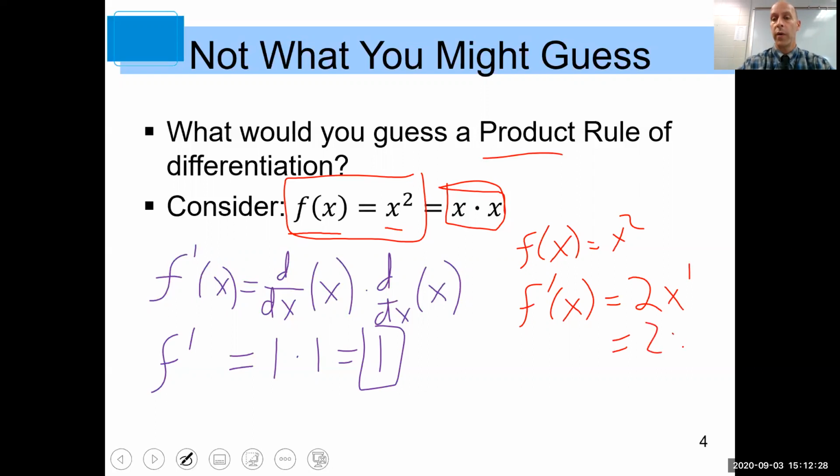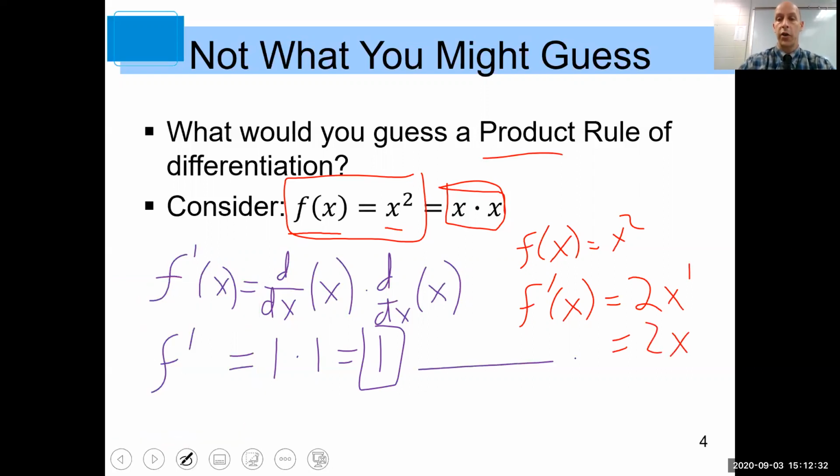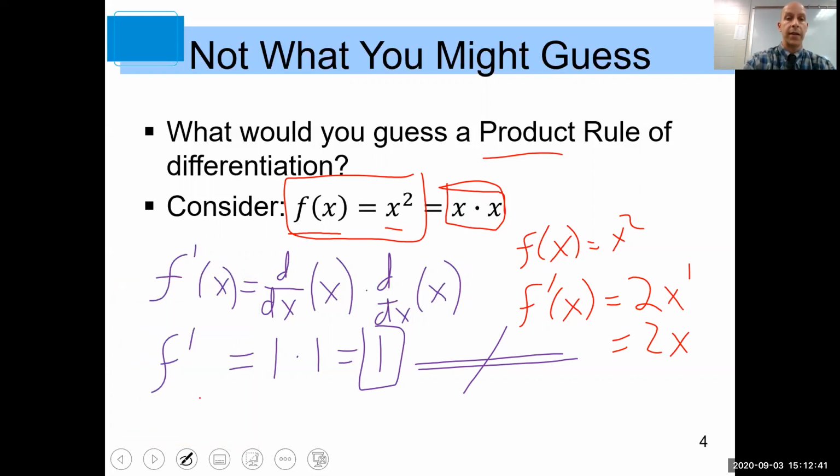In other words, the derivative is 2x. Now, does 2x equal 1? It does not. So this over here is incorrect thinking. This is not the product rule. It would be great if it was, but it is not.